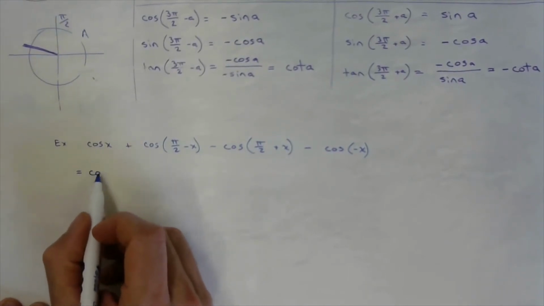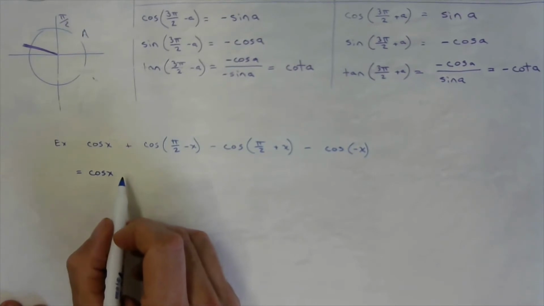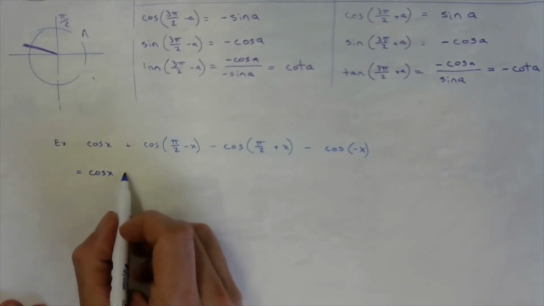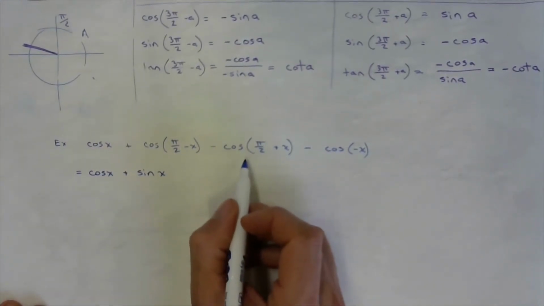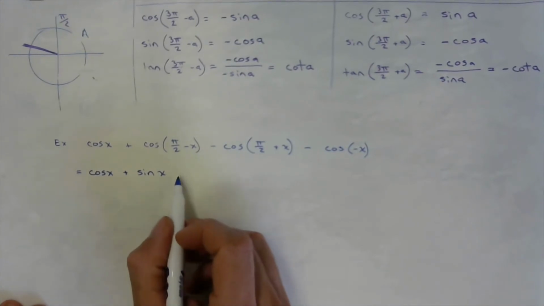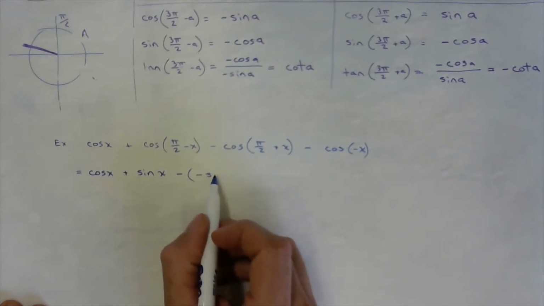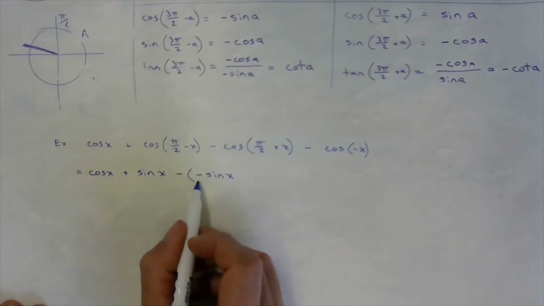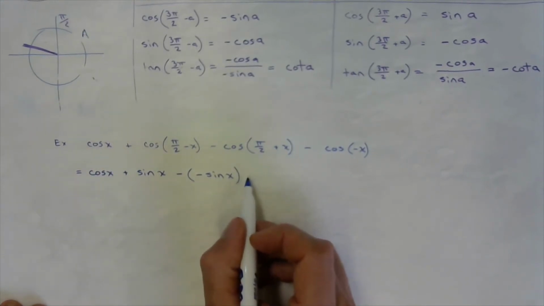Cosine of x just comes down; it's cosine of x. Can't reduce that any further. But for this correlated angle, pi over 2 minus x, the cosine of that is just plus the sine of x. And then we have minus the cosine of pi over 2 plus x, which is negative sine x, but be careful because we are subtracting it. So we have minus a negative. We'll reduce that further in our next step.